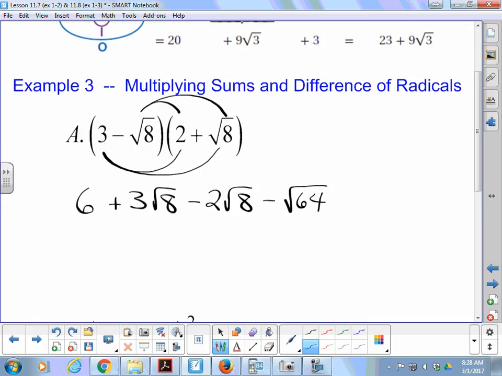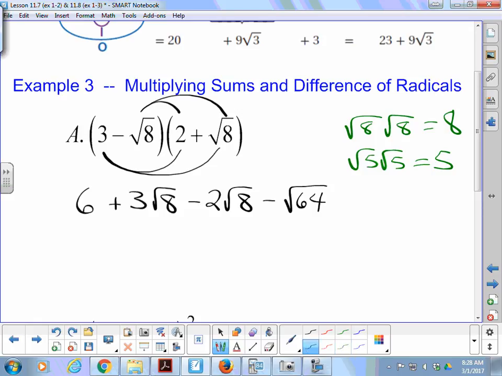Now, anytime we do square root of something times itself, this is just 8. So you don't necessarily have to write the square root of 64, or the square root of 5 times the square root of 5. That's just 5. Whenever you multiply a square root times itself, it's just whatever's underneath it.